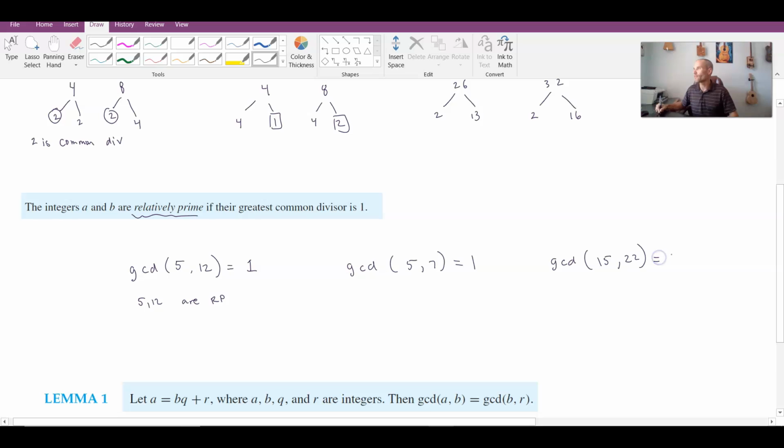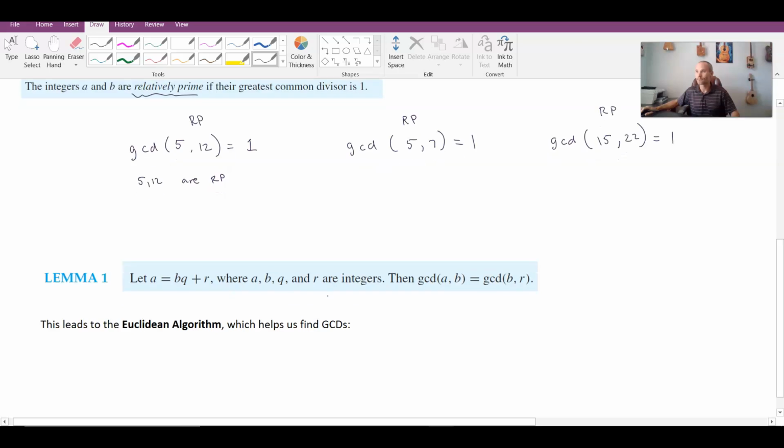And therefore, the only factor that divides both of them is 1. So 15 and 22, neither of which is prime, are considered relatively prime. So we have relative prime here, we have relative prime here, and we have relatively prime numbers here. All right, that's going to become an important definition, as part of the RSA encryption algorithm requires us to find values that are relatively prime.